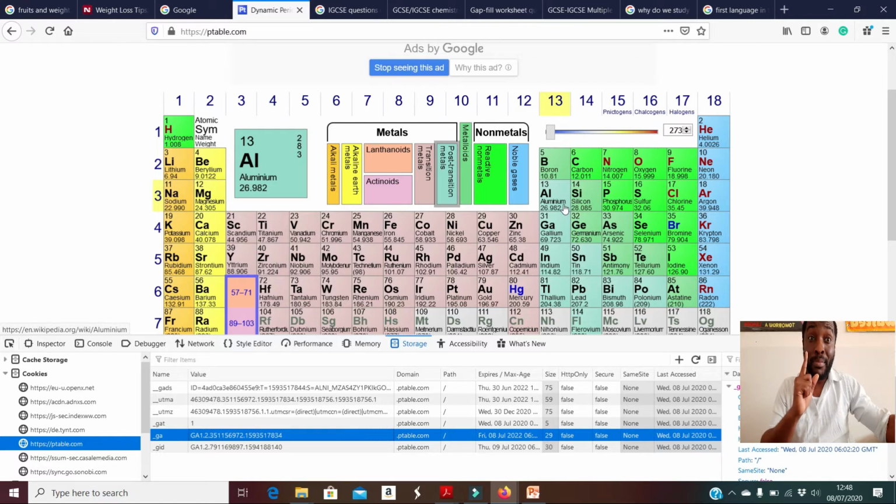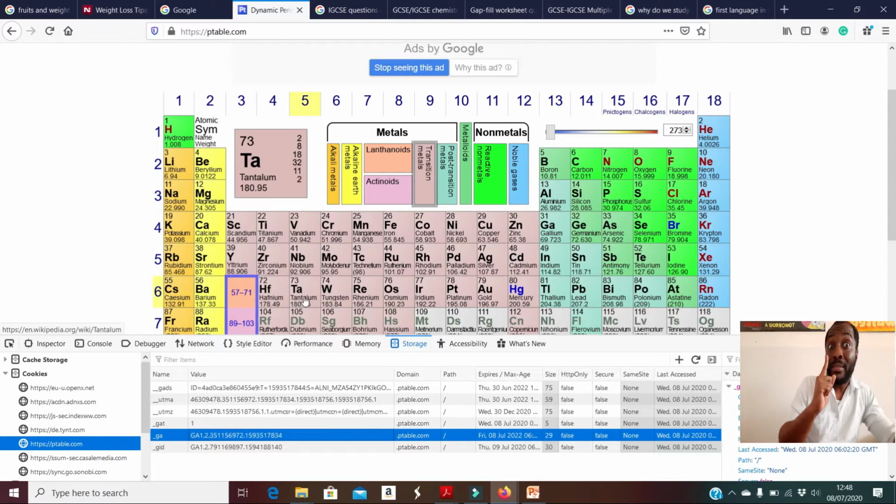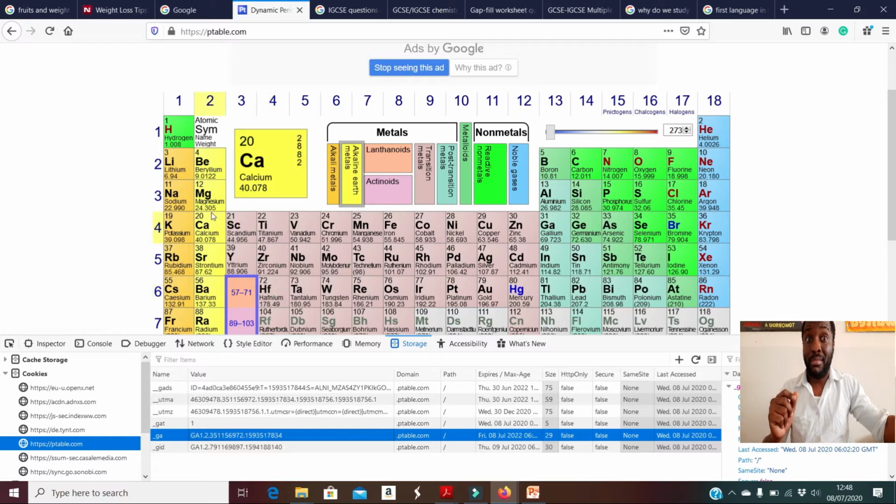However, there are some elements with two-letter symbols where the second letter of that symbol is not necessarily the second letter of the word element. Now, look at magnesium, learners.